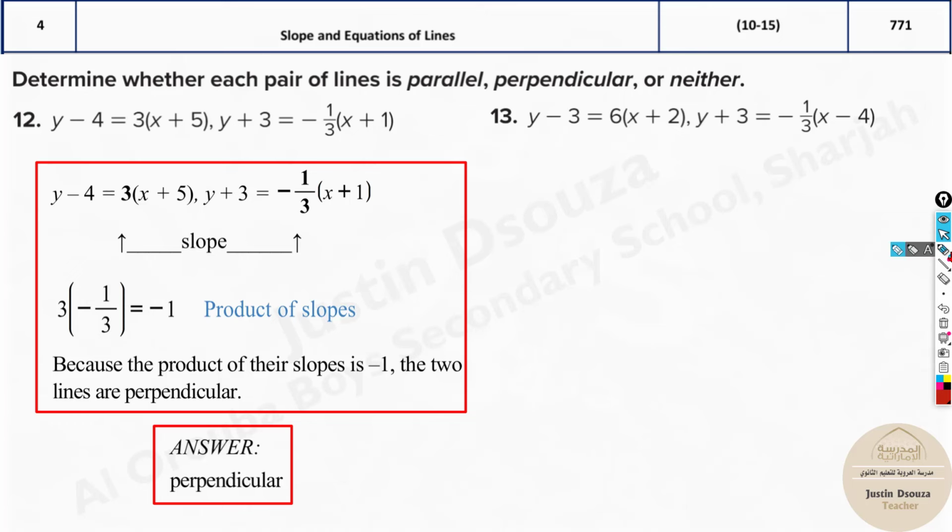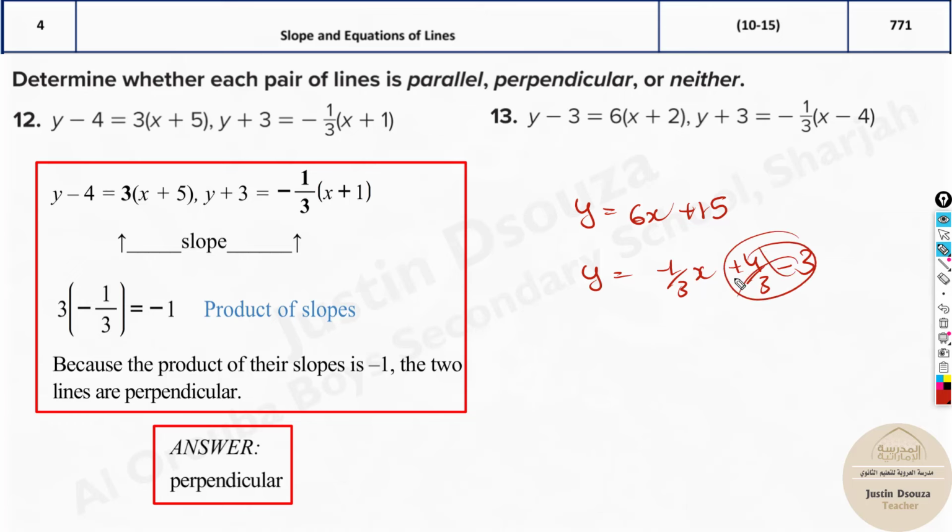You can see. Now what about this? Let us write y is equal to, it'll be 6x plus 12 plus 3 will be plus 15. Over here we will have y minus 1/3 x. And over here we will have negative 4, it'll be positive 4/3, and we will have minus 3. We are not focused over here on the intercepts.